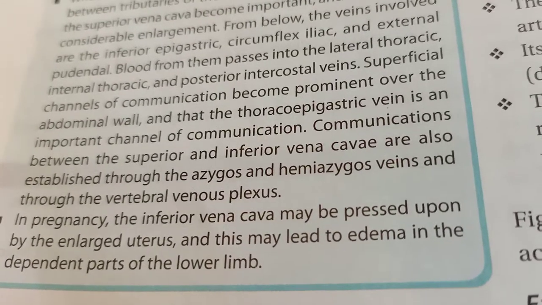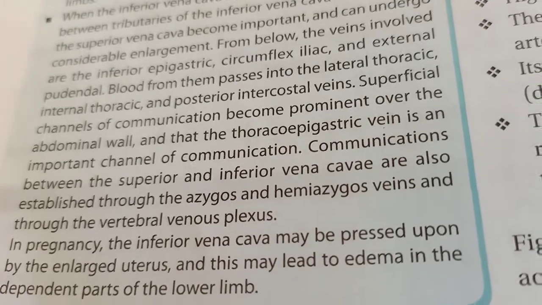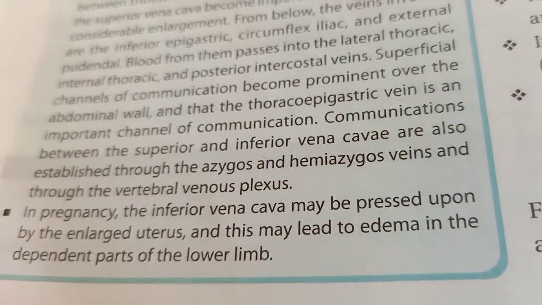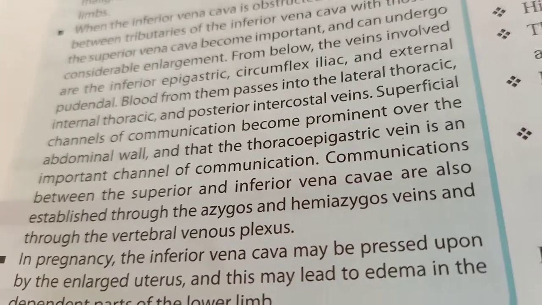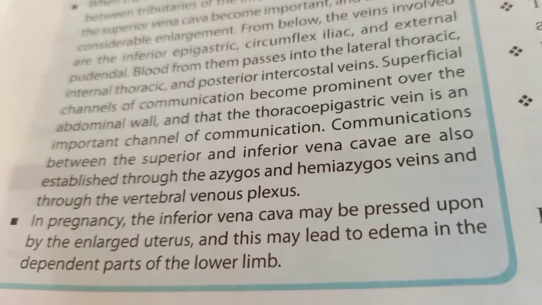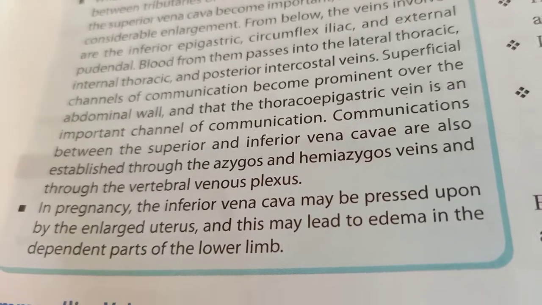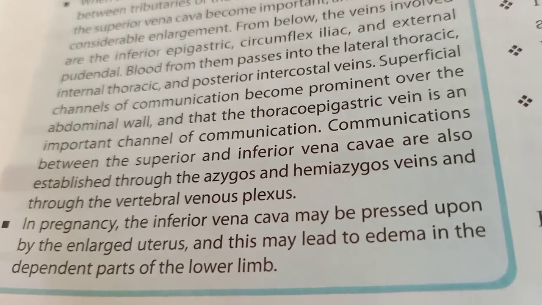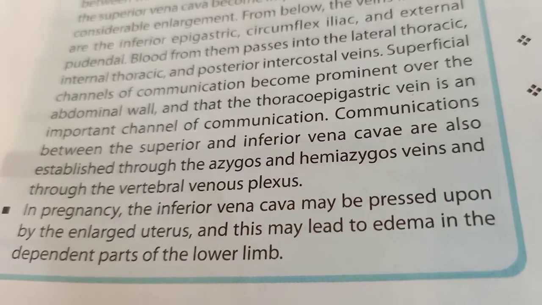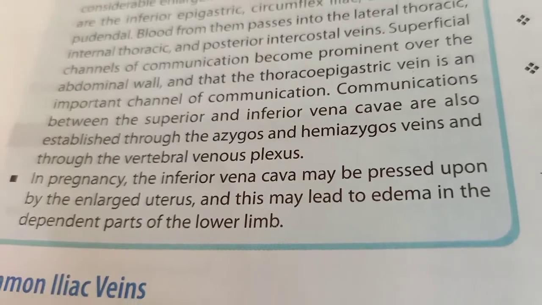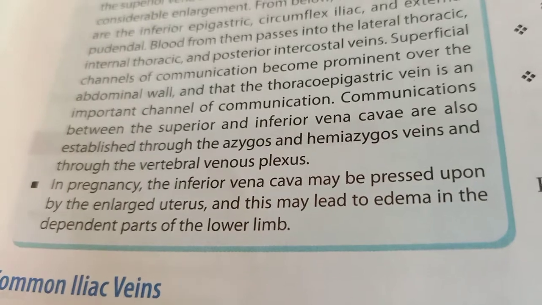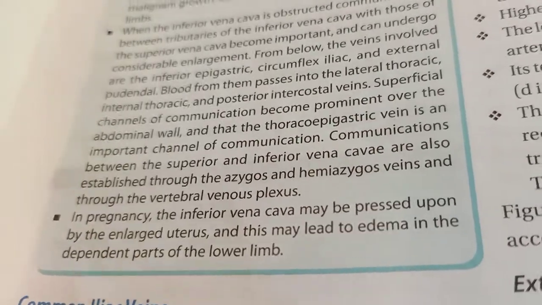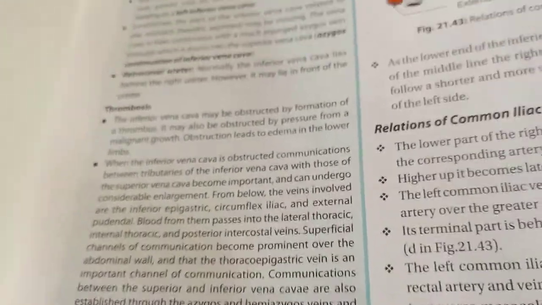If there is an obstruction, the deoxygenated blood is not completely brought back, and some blood remains. So there would be swelling of the lower limbs, because the blood accumulates in the dependent parts. These are the important clinical aspects of the IVC.